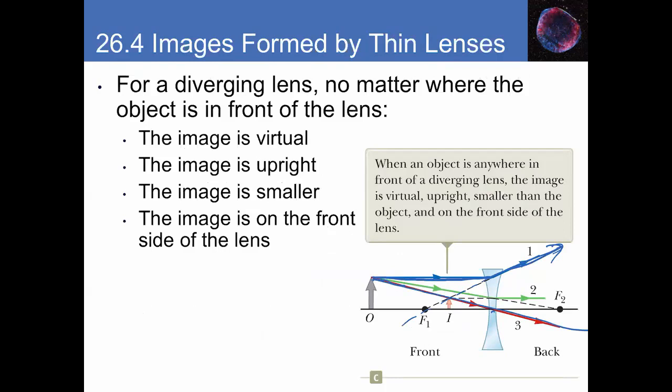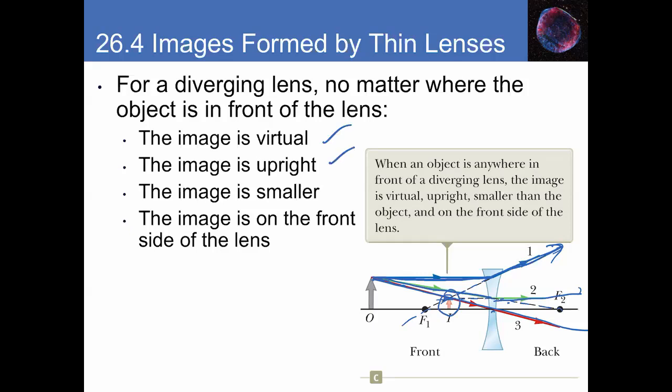And the other one has to go, let's say, through the F2, but it doesn't directly, so it actually refracts like that. So you trace the refracted rays back, and they all converge at this point, and that's your image. So it's a virtual image because it's in front of the lens.